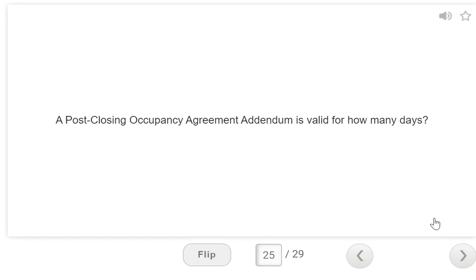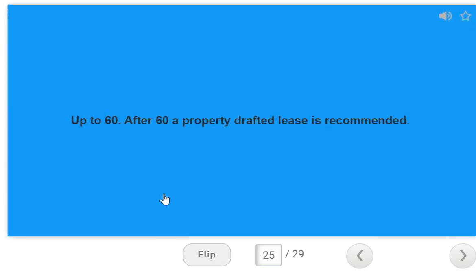A post-occupancy agreement addendum is valid for how many days? How long is that post-closing occupancy agreement valid for? Up to 60 days. After 60 days, a properly drafted lease is recommended.